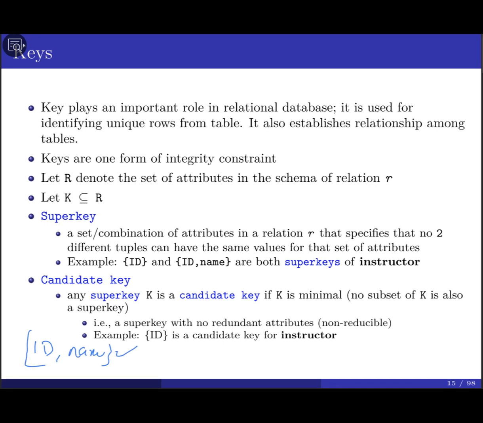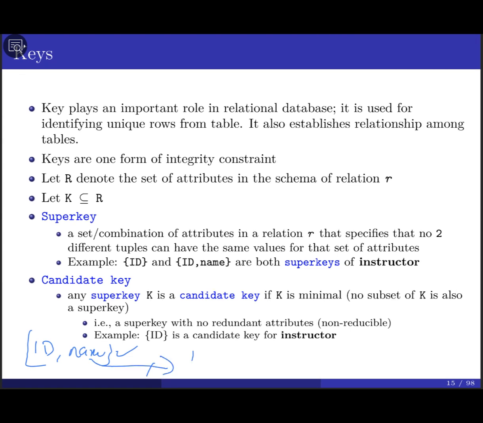are a super key. Is the ID and name a candidate key or not? No. Why? Because I can break it down into a subset of attributes, at least one of which is going to be a super key. So here in this case, I can say this ID, and another key is going to be the name. So you see that the ID is a super key by itself.